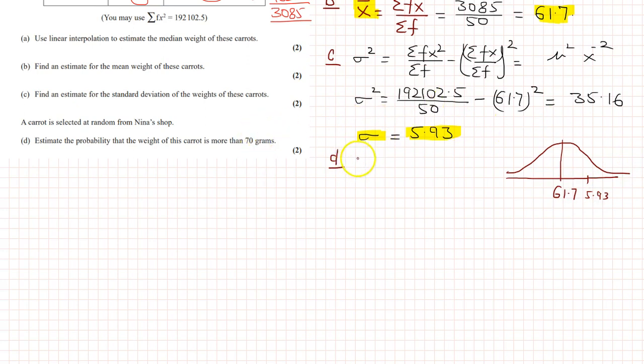So W is normal with mu 61.7 and variance 5.93 squared. Estimate the probability that the weight of this carrot is more than 70 grams. This is 70.